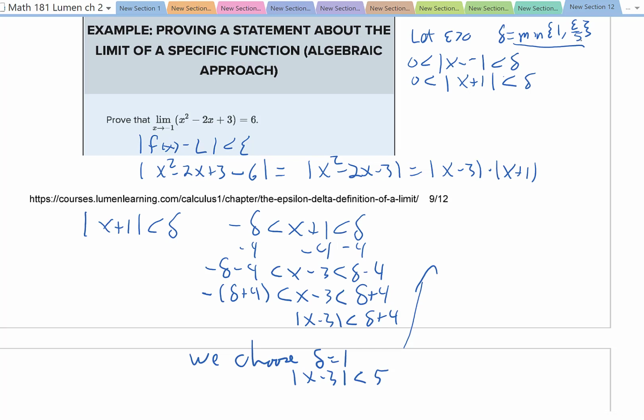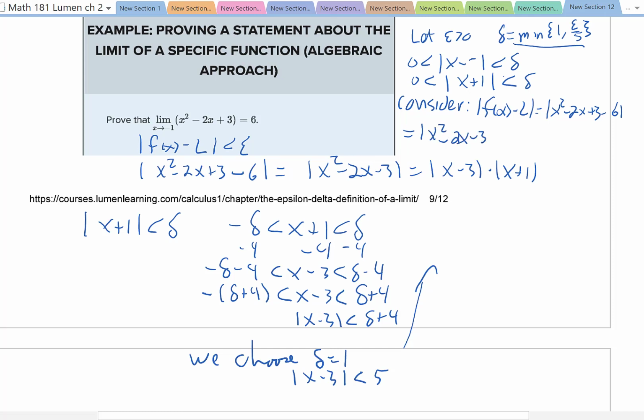So now we build it out. We consider the absolute value of f of x minus L, which is the absolute value of x squared minus 2x plus 3 minus 6, which is the absolute value of x squared minus 2x minus 3. That's all part of the scratch work.